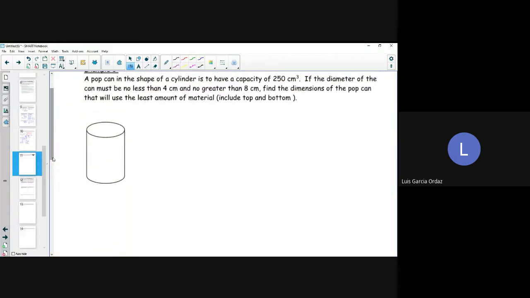So who remembers the volume of a cylinder? How would we find that? So this would be our height, and this would be our radius. See, this is back to like grade 9 math.